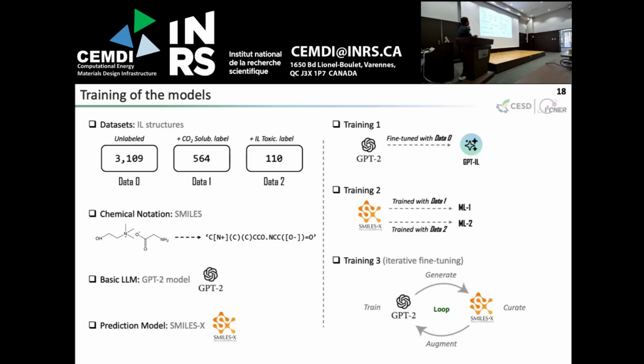And then we train a model on data one as our CO2 solubility predictor, and another on data two as our toxicity predictor. And then finally, we did iterative training. Using these two models, we train iteratively. We hope that by doing this, the properties or the quality of the generated structures will be improved after the training cycle.